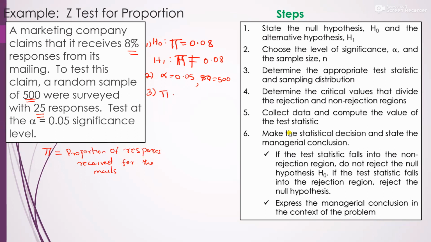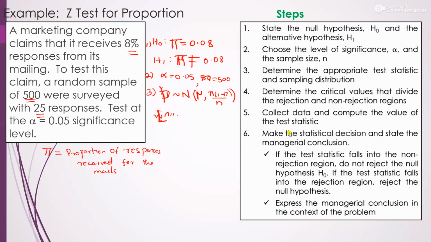The statistic is P. P has a normal distribution with mean pi and variance pi into 1 minus pi over n, because of the criteria: n pi and n into 1 minus pi.